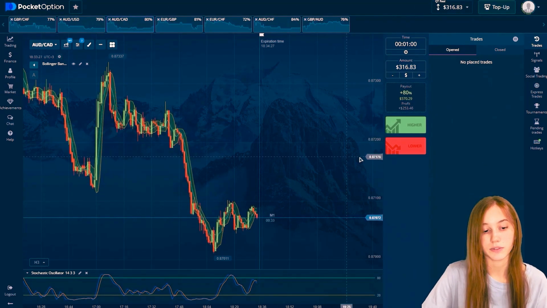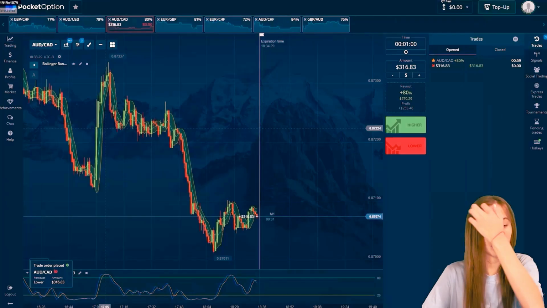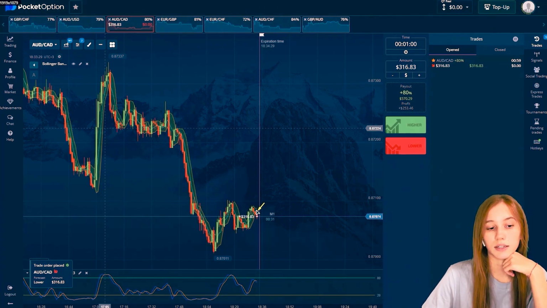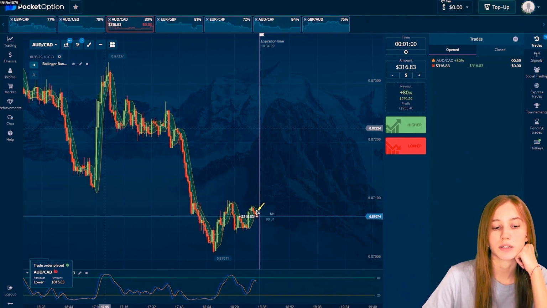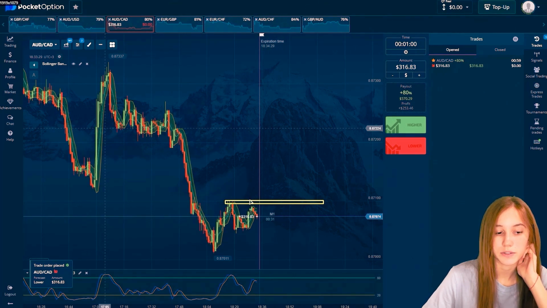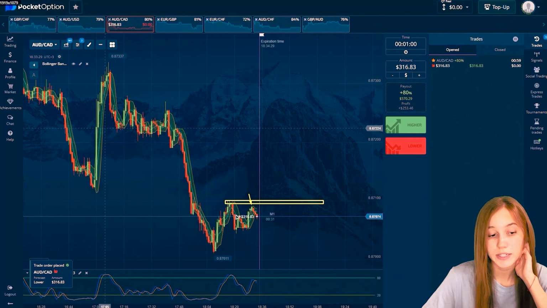This means that the reversal is still confident. According to the Bollinger Bands indicator, we see that this indicator is directed to the lower position, and the chart is located exactly beyond the boundaries of the lower position of the Bollinger Bands indicator. So stochastic also, the same situation. We see 8 seconds left until the end of the deal. Trying to overcome this support zone. Yeah, plus deal, good as the previous one.